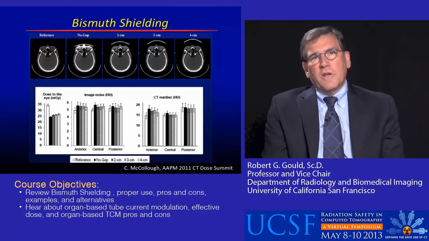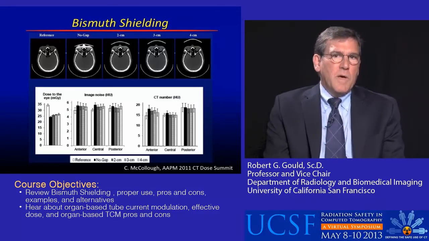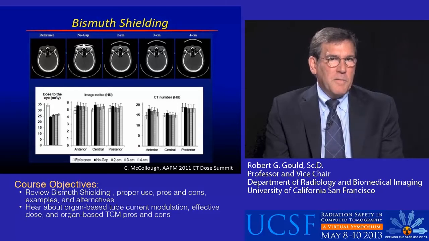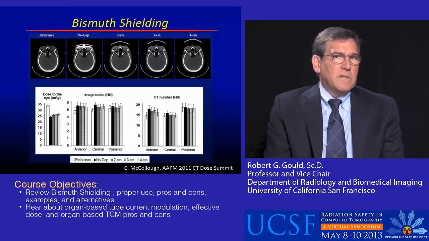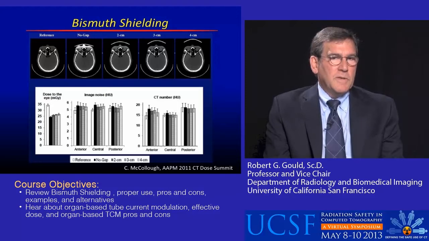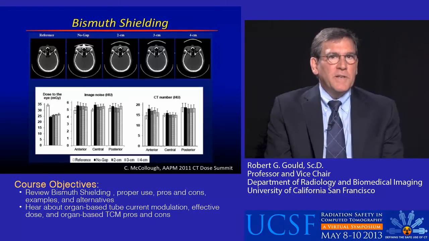So this is some work done on a phantom at Mayo Clinic, Cynthia McCollough and her graduate students. And you see the influence of putting the bismuth shield at different distances from the surface of the patient. There's normally about a 2 centimeter lucent pad on which the bismuth is attached.